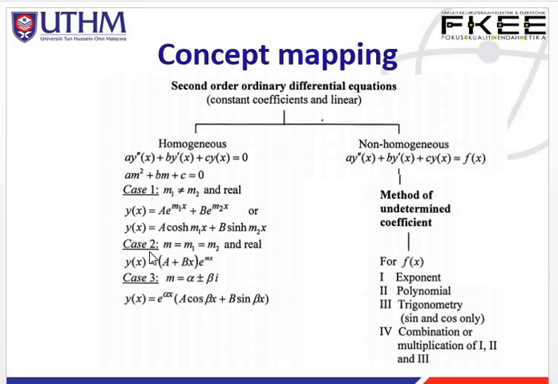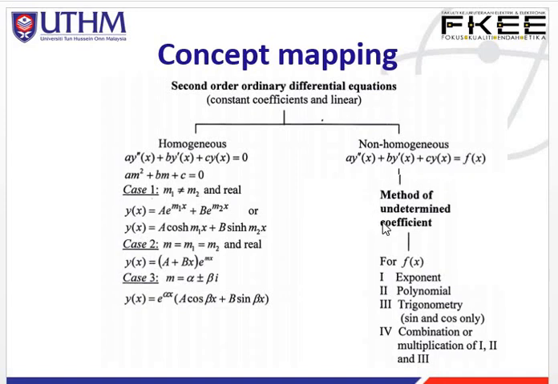Case 2 is m1 equal to m2 and is real. And case 3 is m a complex number.